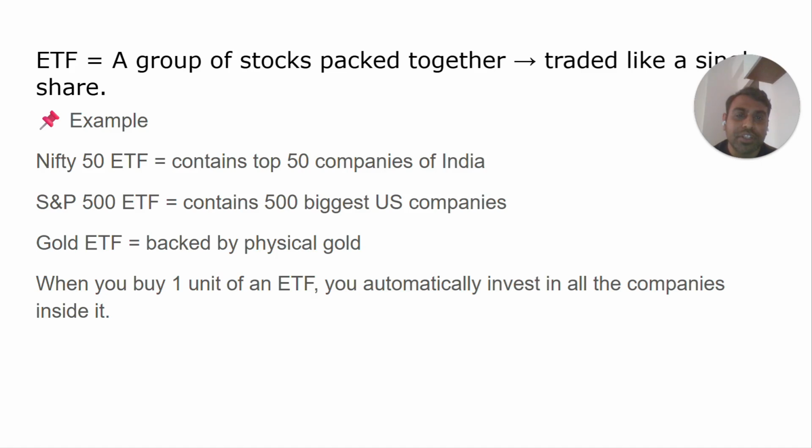So if we invest in Nifty Bees, our investment automatically goes to the top 50 companies of India. Similarly, S&P 500 ETFs contain the biggest 500 US companies, and a gold ETF gives us the physical gold price movement. When you buy one unit of an ETF, you automatically invest in all the companies. Every ETF has holdings, which we can also discuss in a further lecture.